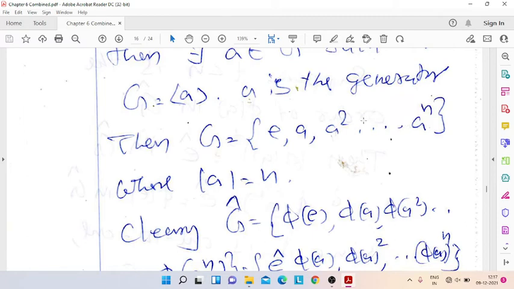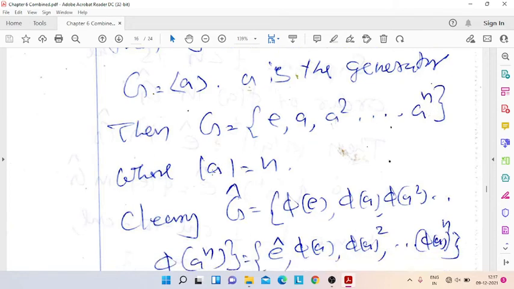There is one correction: the last element is a raised to n minus 1, because if a has order n, then a raised to n must be equal to e. Therefore the members of the group are e, a, a square, etc., up to a raised to n minus 1.